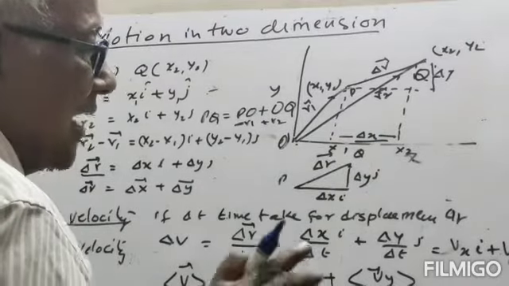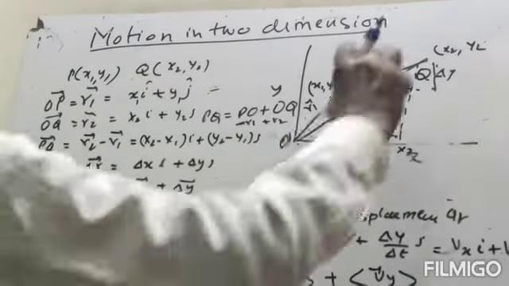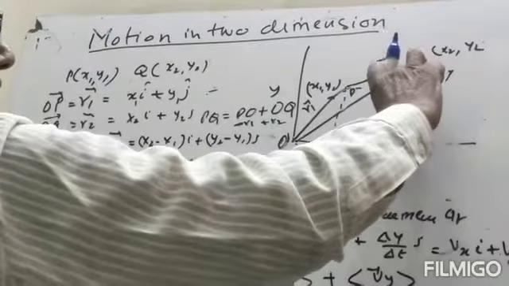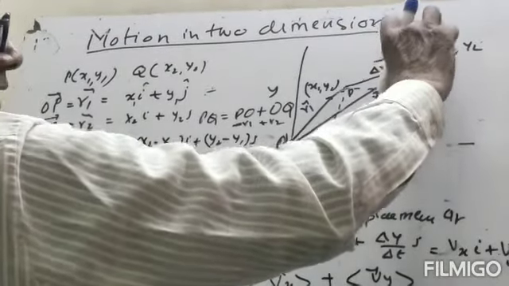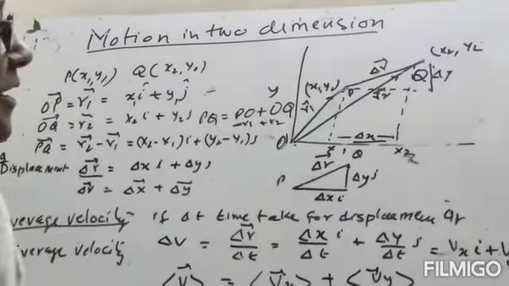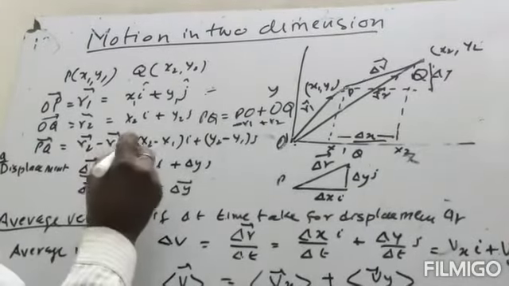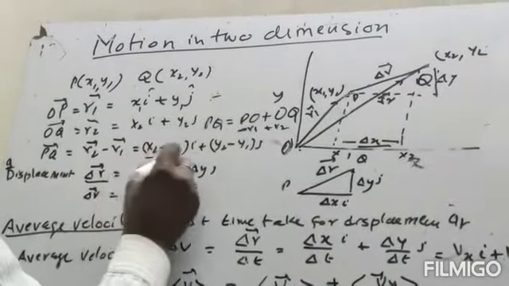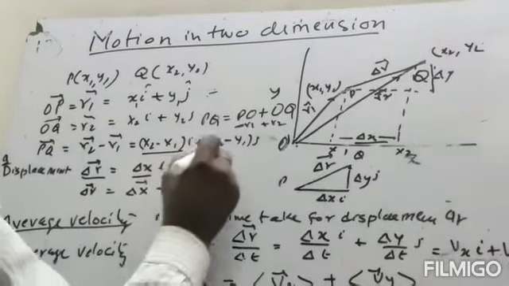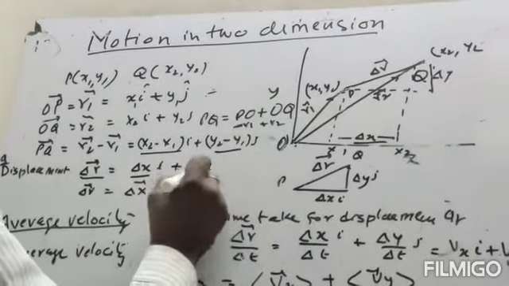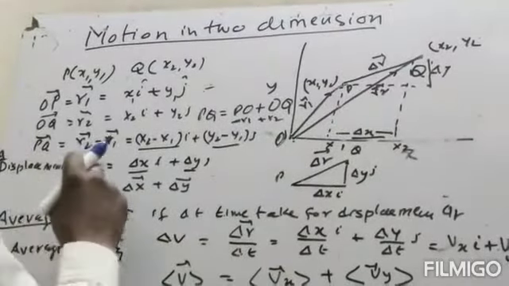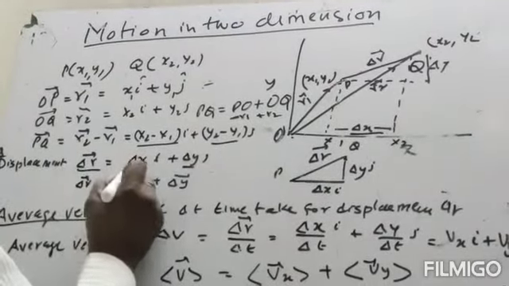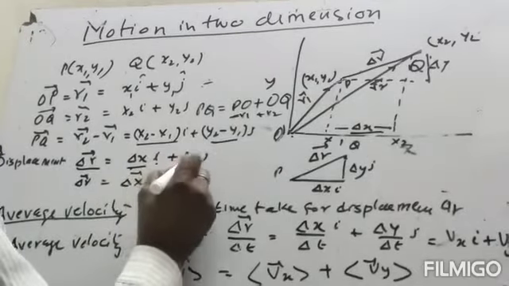Similarly, y2 minus y1 we call delta y. So this vector will be equal to delta x i plus delta y j.